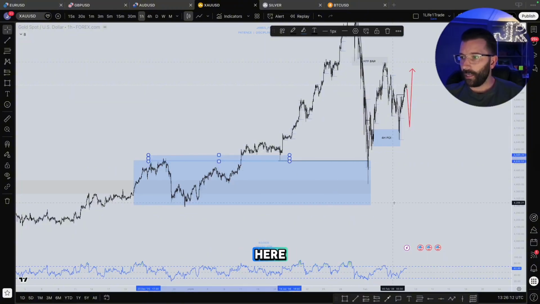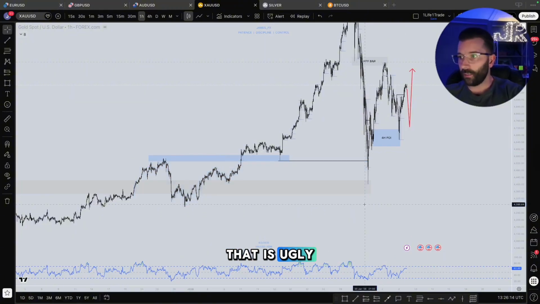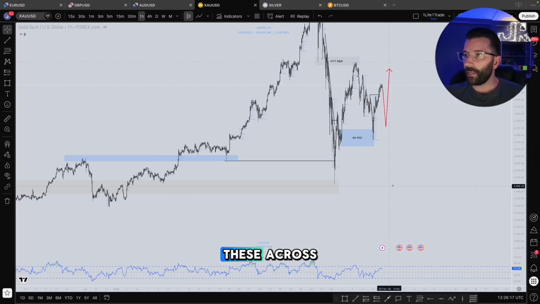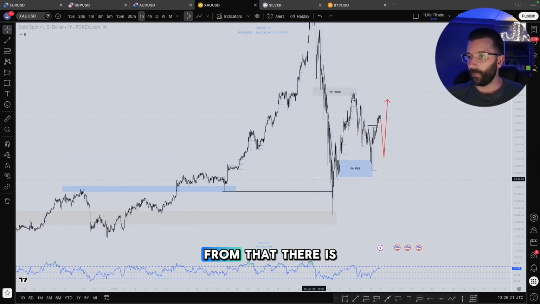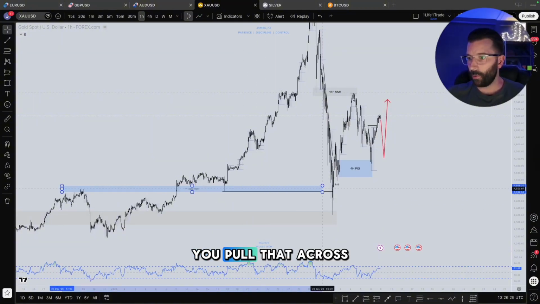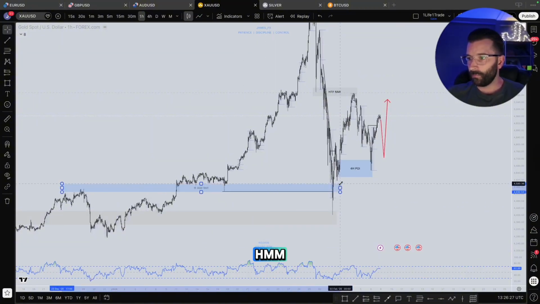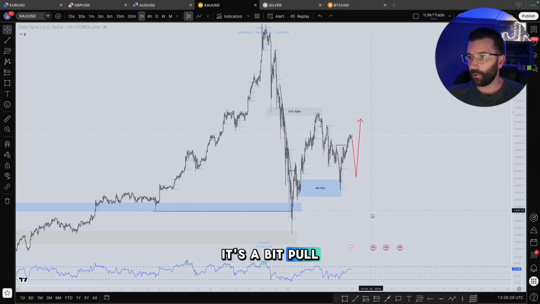So even here, let's get rid of that box there, that is ugly. But when you drag these across, you start seeing these zones where it can react from. That there is a liquidity sweep. That's why it's broke that zone. I mean, even if you pull that across, wherever that taps into it, it's a bit pulled by the hair.